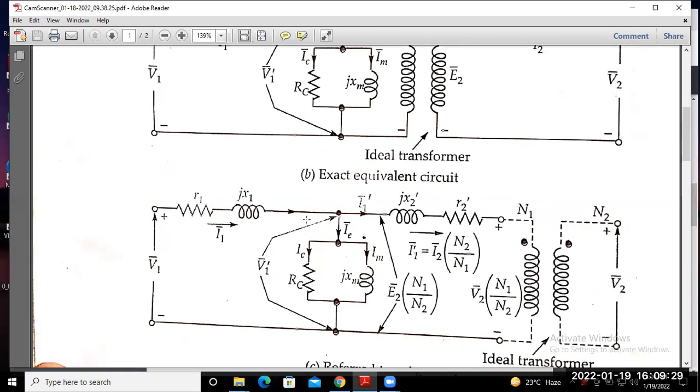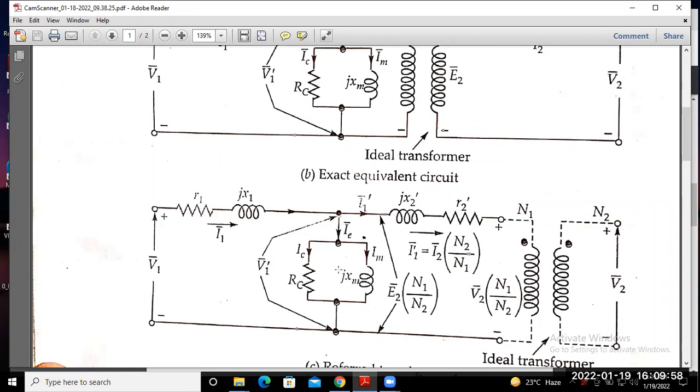That means all the parameters V1, I1, and RC, XM are referred to the secondary side, and this R1, X1 are referred to the secondary side. R1, when referred to the secondary side, is represented by R1 dash, which is equal to R1 into (N1 by N2) whole square, and X1 dash equals X1 into (N1 by N2) whole square.